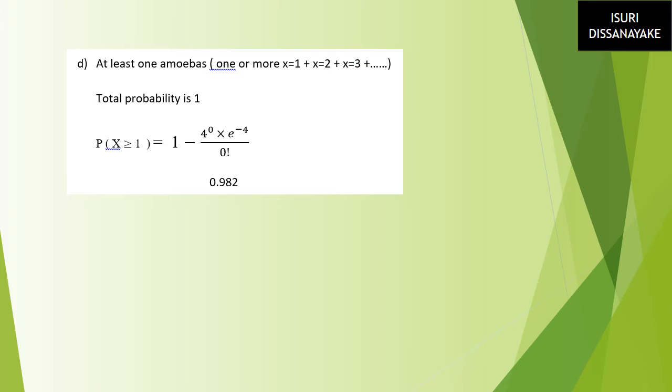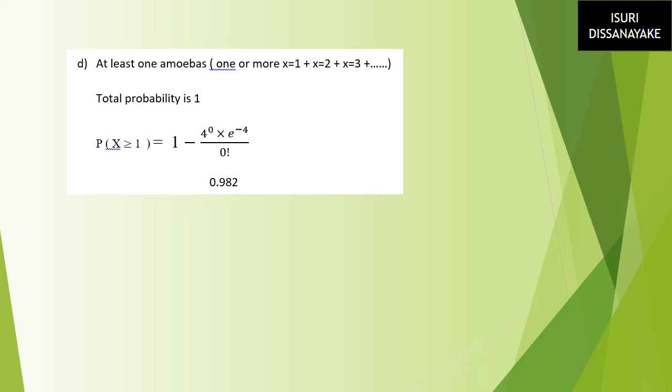So it's not easy for us to find each probability separately since we do not know what the end X value is. What we do, when the probability of X greater than or equal to 1 is given, is easily find the probability of X equals 0, which means we don't have any amoebas.